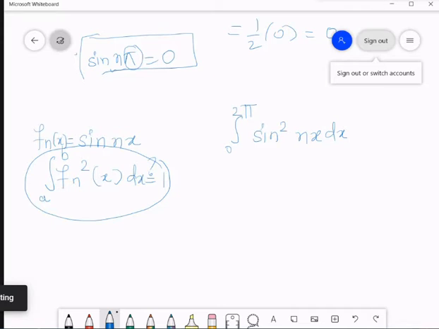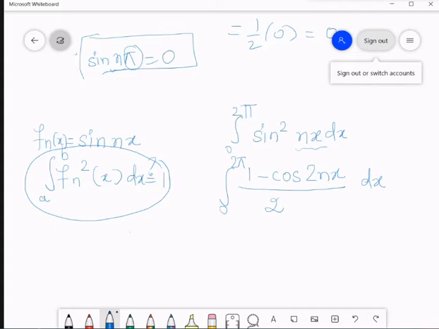What about sine square nx? 1 minus cos 2 theta upon 2. Very good. 1 minus cos of 2 theta, so this is theta, so it will be 2 times this theta. Entire thing divided by 2, from 0 to 2 pi. This expression we are going to check whether it comes out to be 1 or not.